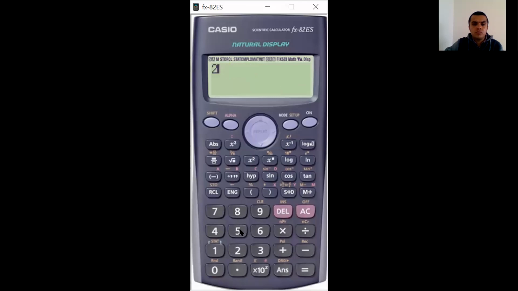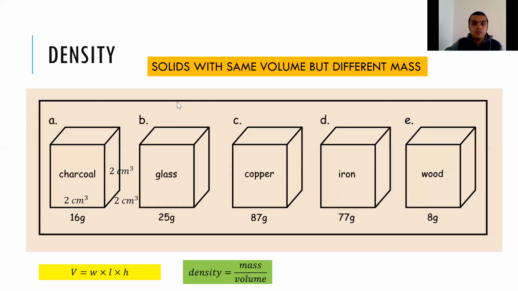So 25 divided by 8 is equal to, let me check one more time, 3.125. 3.125 grams per centimeter cube.